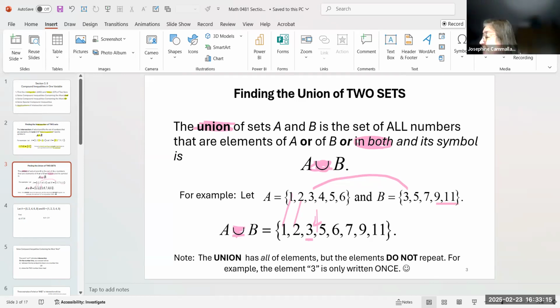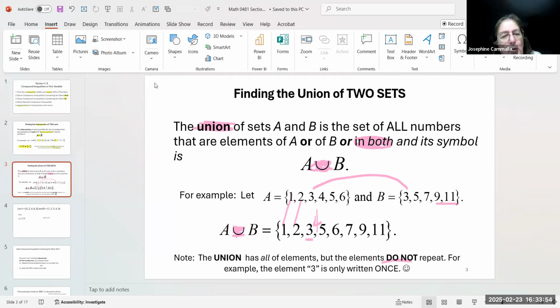So in this case, I have my intersection plus everybody else. So I only write 3 and 5 once because they're in both sets, but I write everything else. And I do not repeat my elements. So in this case, I lost the number 4. Okay? So I might fix the PowerPoint before you see it, but 4 is there.